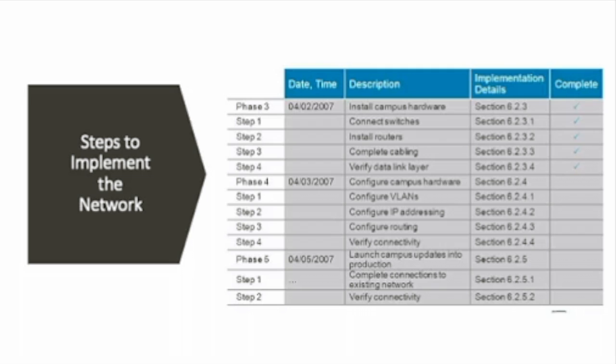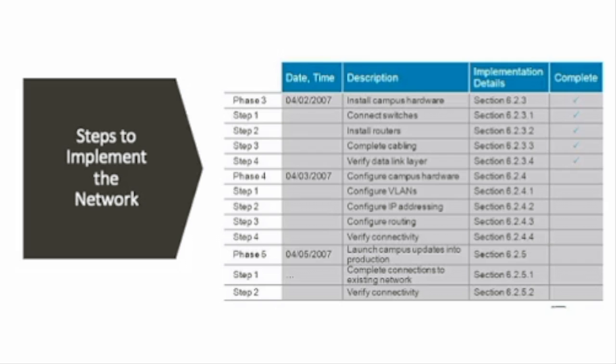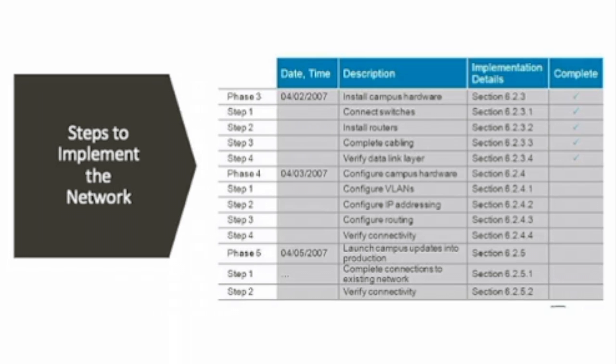After verifying the connection at the data link layer, I will configure the hardware in the office, and we need to assign the IP address for each device using maybe DHCP, and after that we have to configure the VLANs of each department. Finally, we need to configure the routing using maybe OSPF and connect to the internet. After that, we have to test the connectivity between all the devices in the office, and these are the steps that I will follow to implement the network design.